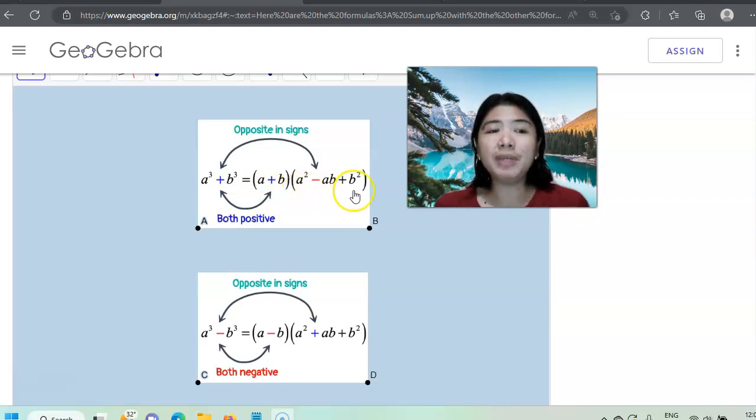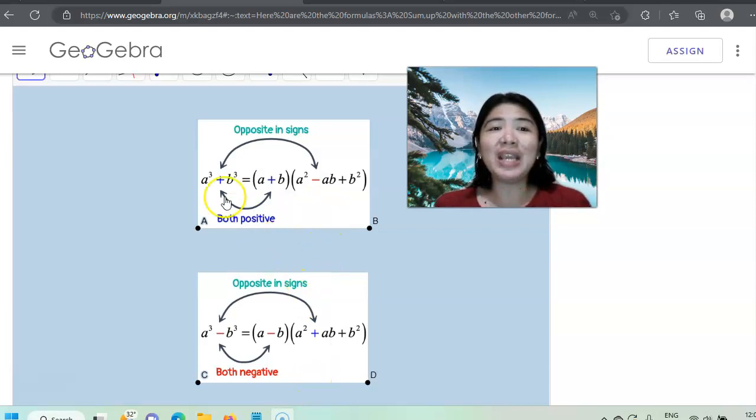And then for the trinomial, square the cube root of the first term, and then multiply the cube root of the first and second term, and then square the cube root of the second term, and then you consider the SOAP for the signs.